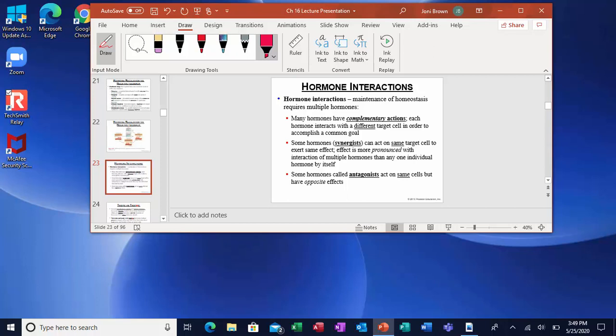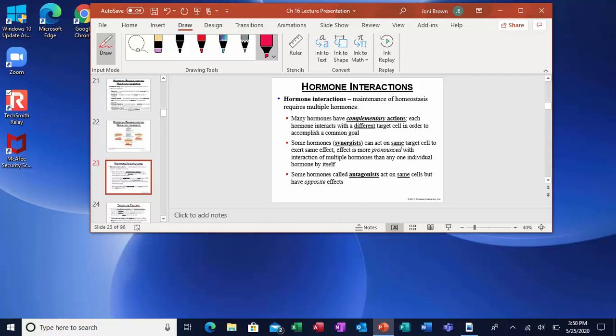Like the hormones that come from the adrenal gland and from the pancreas, they work together during exercise to maintain homeostasis. Sometimes they're synergists. They also work together. They will affect the same target cell, and so the effect is more pronounced. It's a greater effect. Estrogen and progesterone work as synergists to cause the release of the egg.